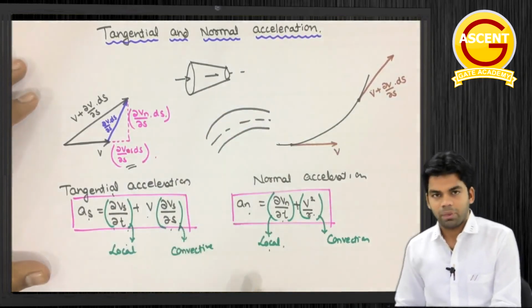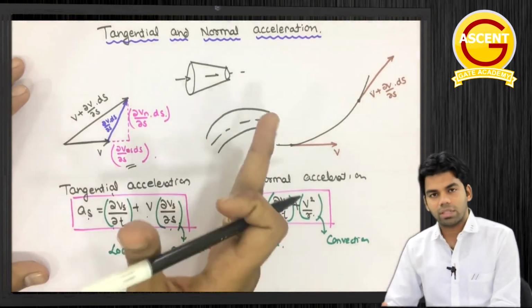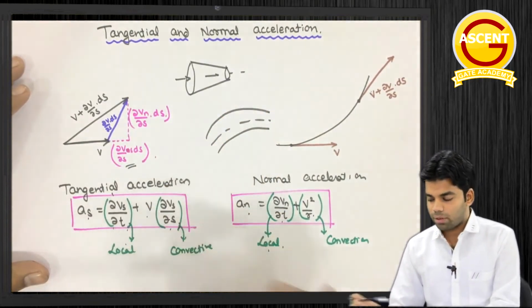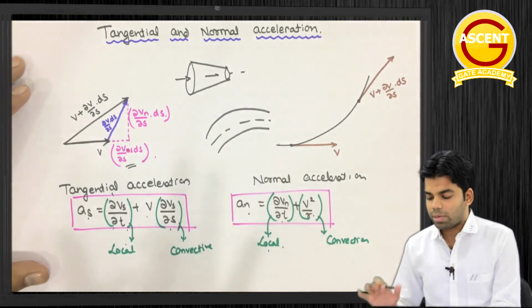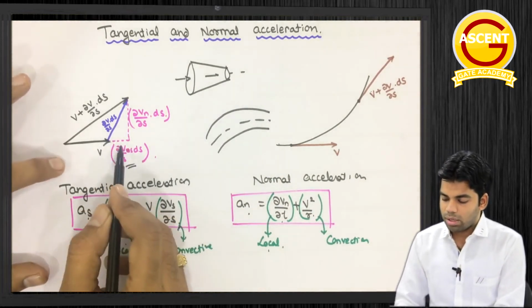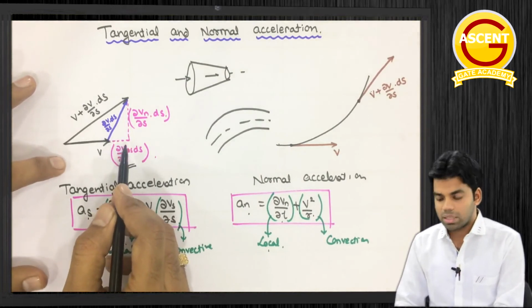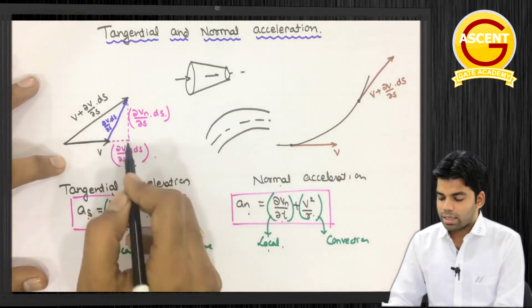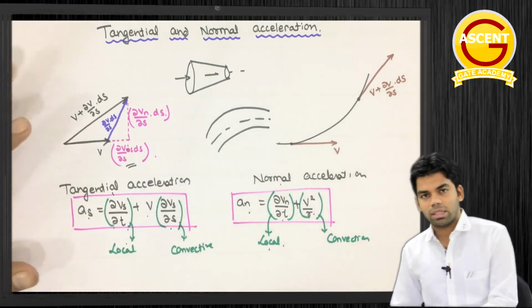Here the direction of velocity is changing and not the magnitude, so only normal acceleration will act. So the tangential acceleration acts only when the magnitude of the velocity is changing. Normal acceleration acts when the direction of velocity is changing.